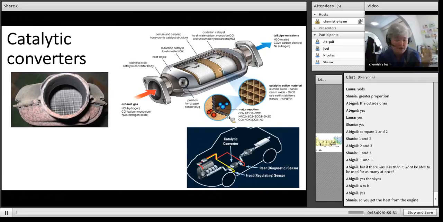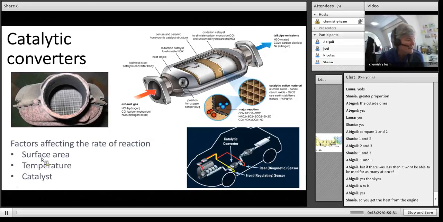So your surface area has been increased in 3 different ways in your catalytic converter to make sure that reaction happens as fast as possible, so as much carbon monoxide can be converted and as much nitrogen oxides can be converted. Okay, so that's pretty much where we're at. So as I say, you should be mentioning those 3.